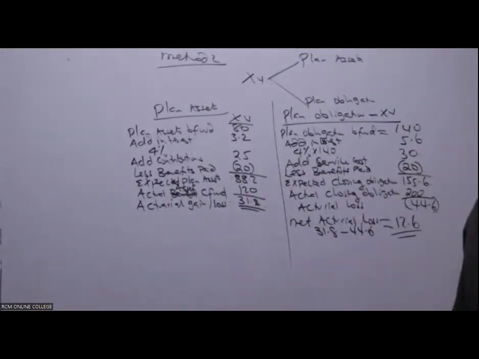Now, ladies and gentlemen, it is our turn to do things. Let's get our past papers. Before I show you how we post this to the income statement and to the statement of financial position, let's get out our past papers and do things here.